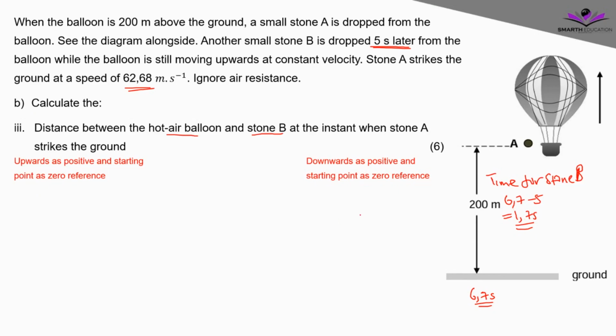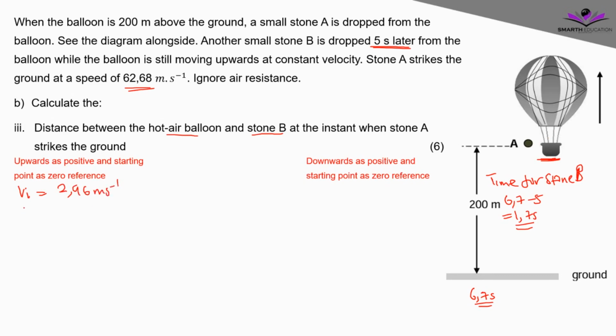Okay, let's go back to the question. Calculate the distance between the hot air balloon and stone B at the instant when stone A strikes the ground. Let's take upwards as positive first. So what do we have here? We have the initial velocity of stone B. It's the same as that of stone A, because for both stone A and stone B, their initial velocity is the same as the velocity of the balloon. So the initial velocity here is 2.96 meters per second.